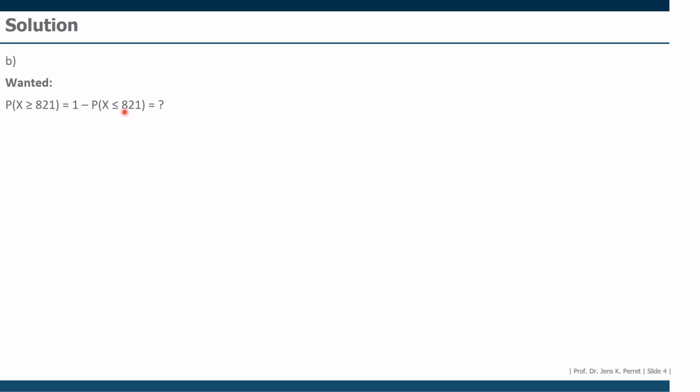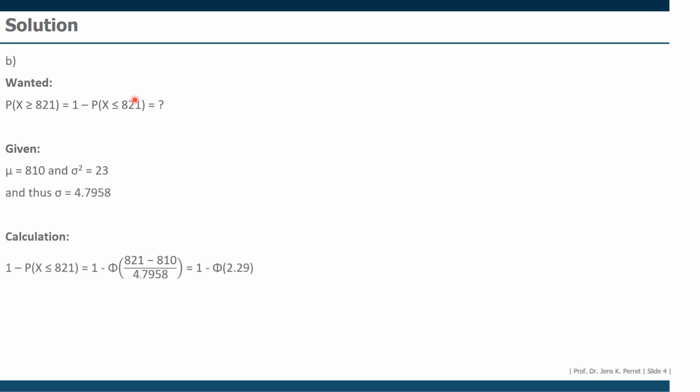Well, if we use this, we have here the first value. Again, from the exercise, we have the mean and the variance, and we can get the standard deviation. Then we can simply put this into the formula. We can standardize the 821 by subtracting the mean and dividing by the standard deviation, giving us as a result 1 minus phi of 2.29.